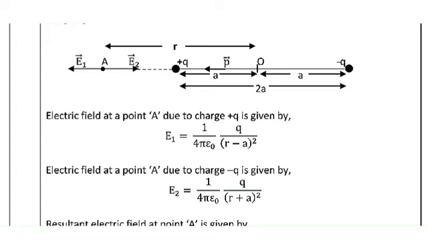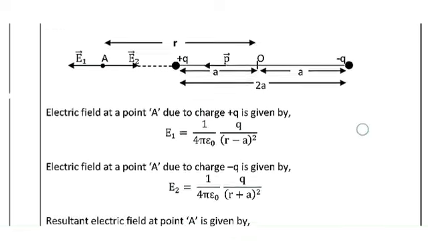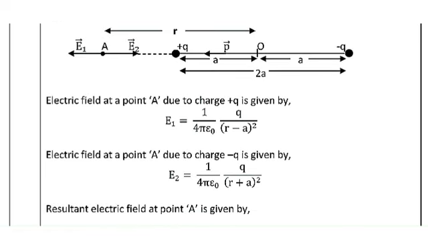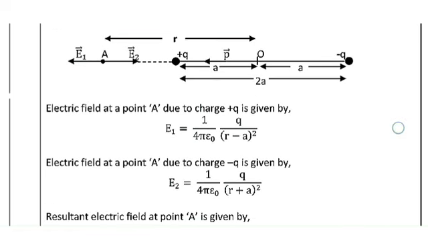But for equation 2, for minus Q, we have (r plus a) whole square. This is because we have to consider the distance up to the minus Q charge. We got two equations.